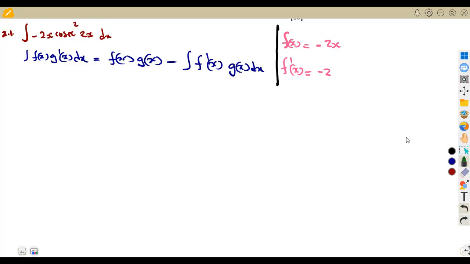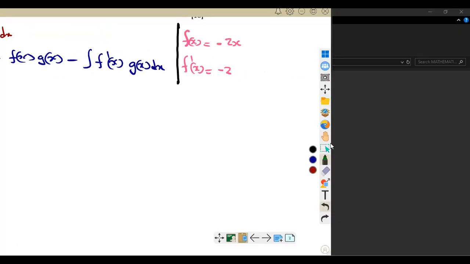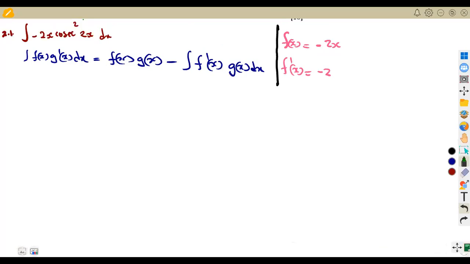And the remaining part, which is our g prime x dx, is this part of cos x squared 2x that is remaining here. So that's cos x squared 2x dx. Then we integrate both sides. So this is going to give us g of x.